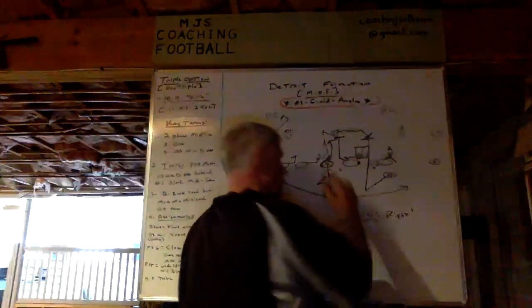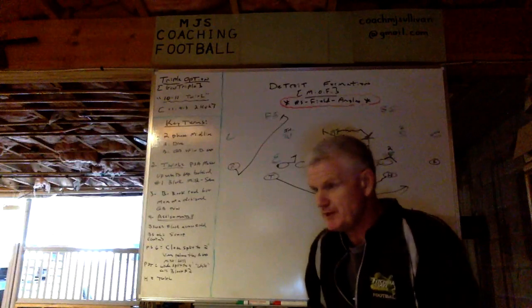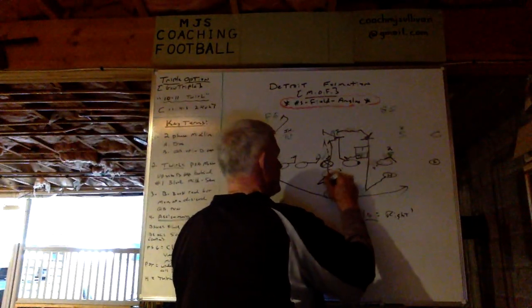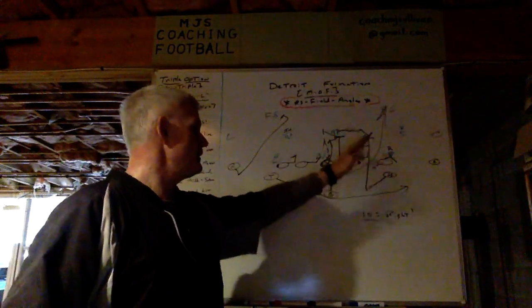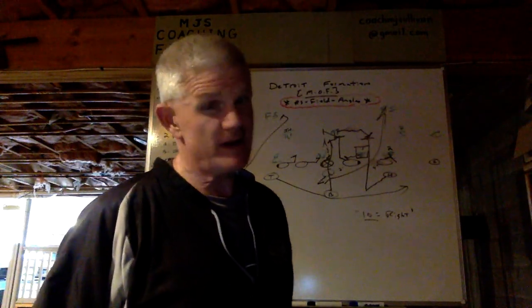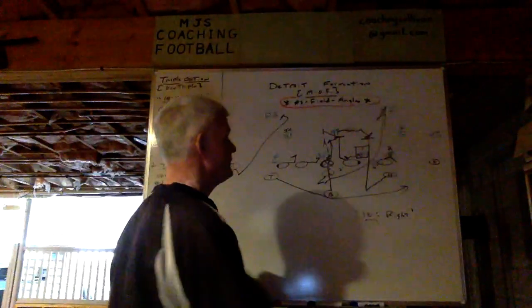Okay? So now the quarterback clears the tracks, makes the B-back read. Now the quarterback goes downhill, full speed, up through the B gap. It ends up becoming like a quarterback ice. Remember, this is more of a design quarterback run.